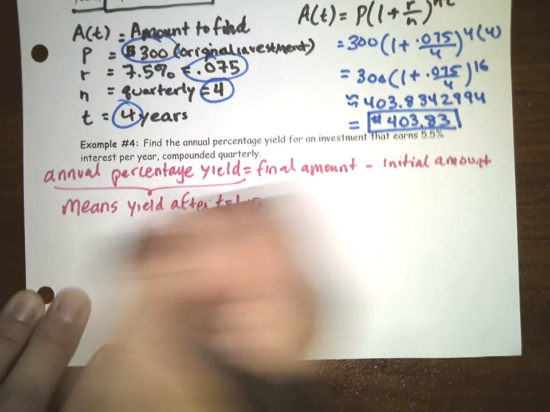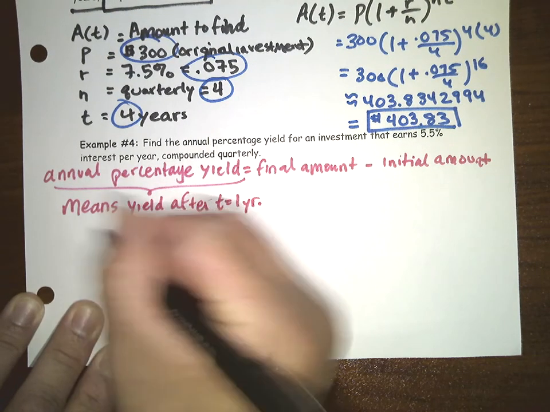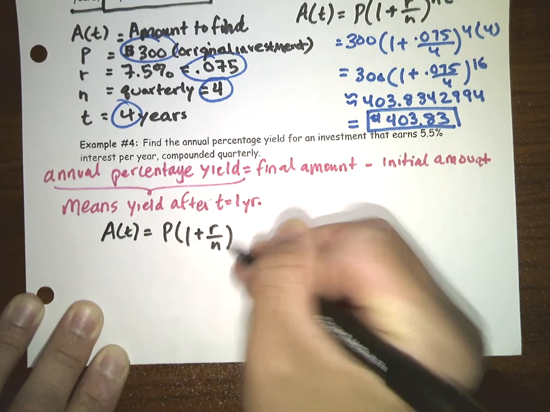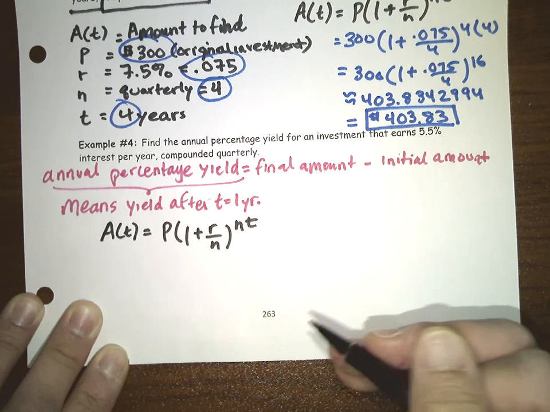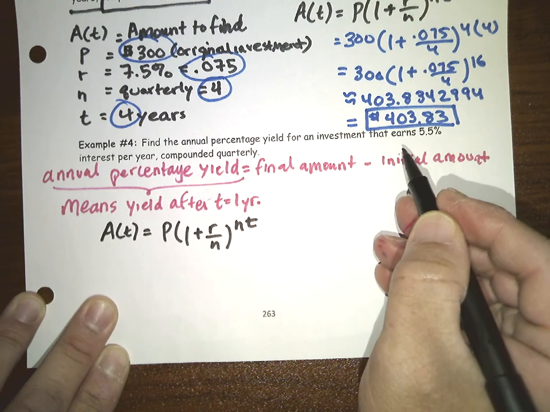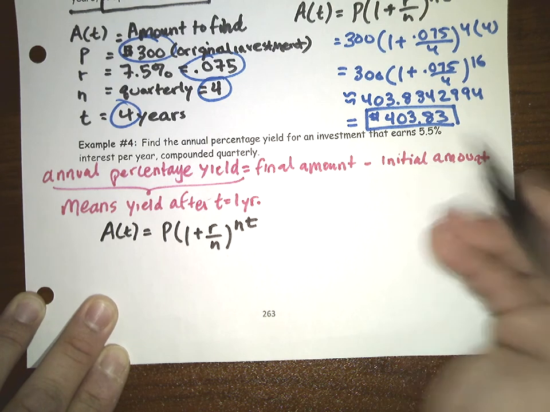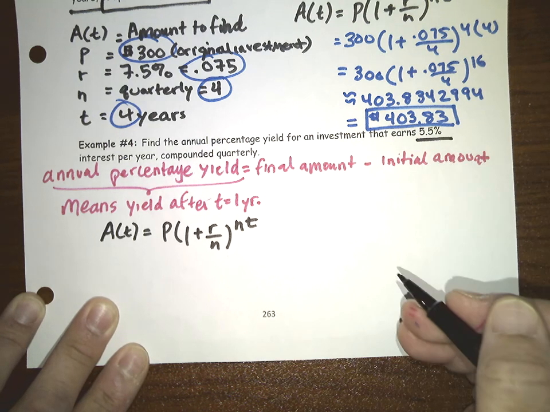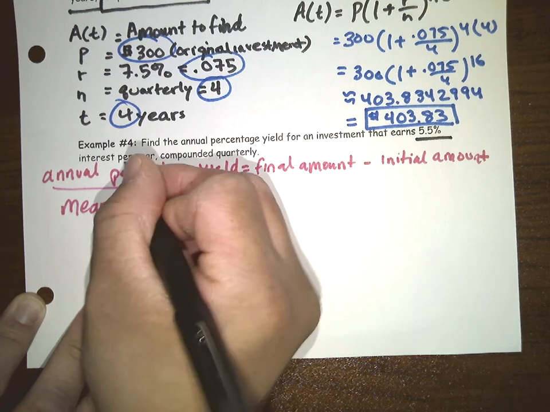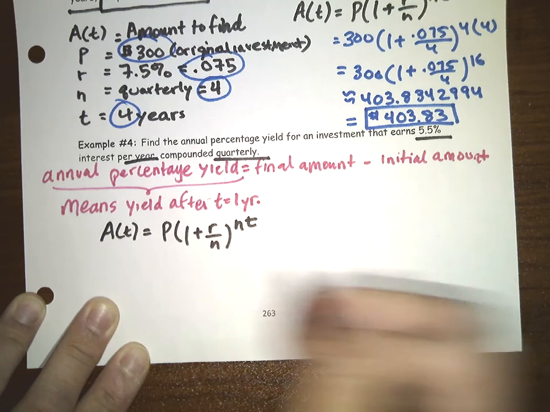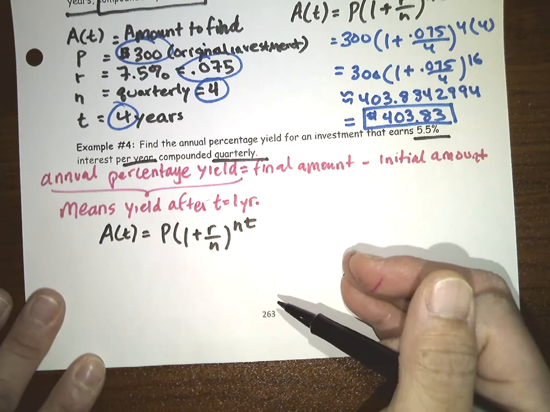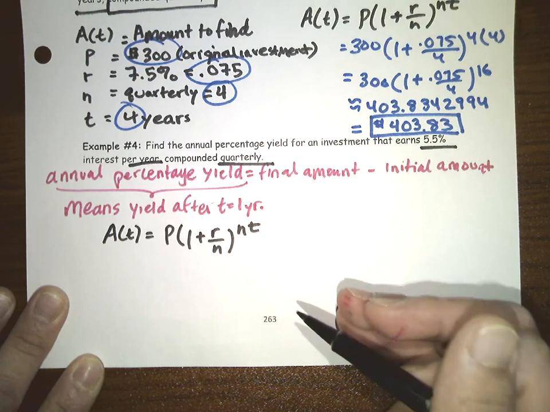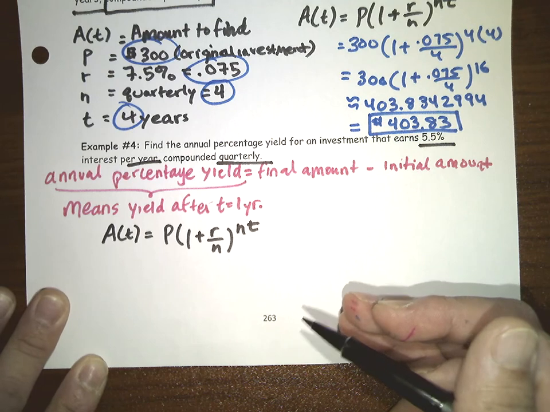So we have A of t is P times 1 plus r over n to the nt, and by the way, they told us that we have 5.5% interest per year, compounded quarterly. So they didn't tell us what A is, and they didn't tell us what P is, but they did tell us all of the other values.